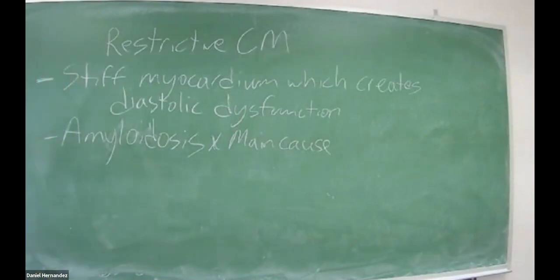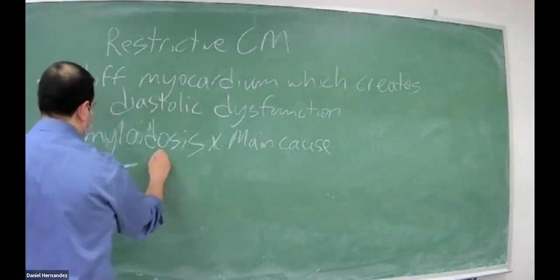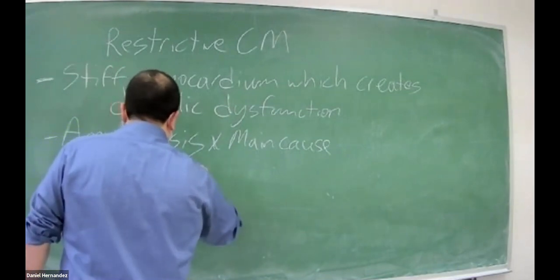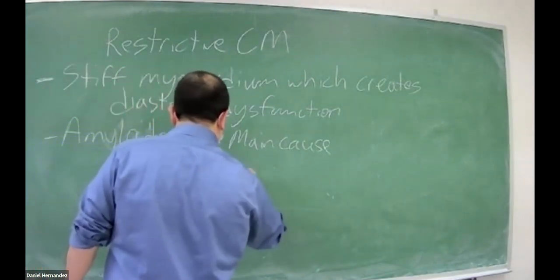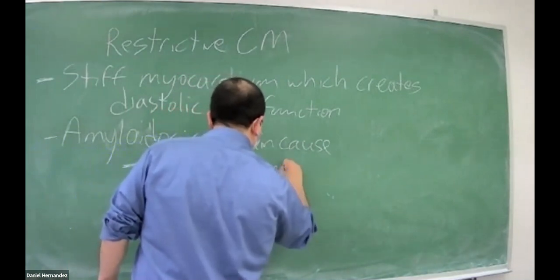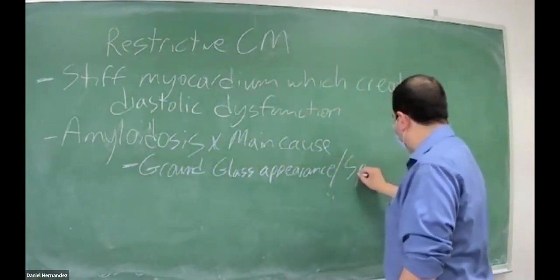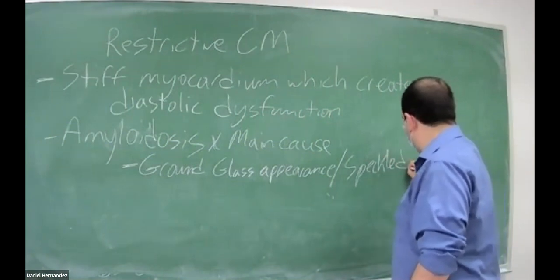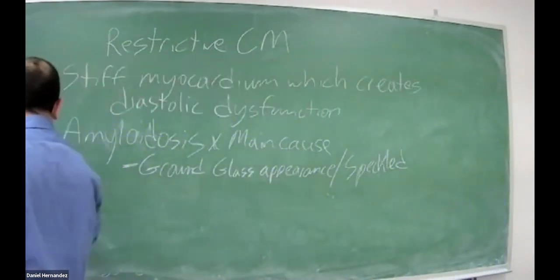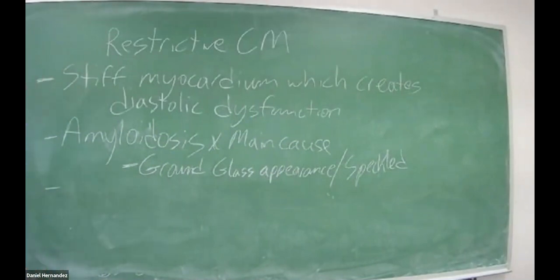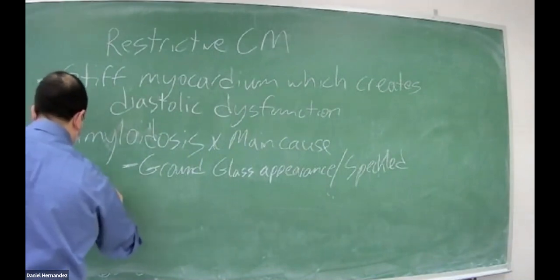Other potential causes: maybe sarcoidosis would be another infiltrative process which can affect the myocardium. We can put under amyloidosis that ground glass appearance, sometimes referred to as speckled. They have a speckled appearance. Our features are going to be biatrial enlargement.